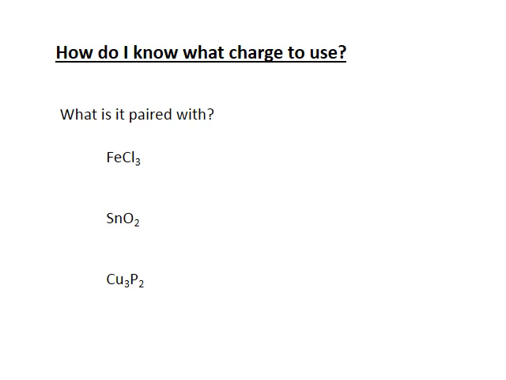So in the first one, I've got iron combined with chlorine, and I know that chlorine typically forms ions with a -1 charge. So if each of those three chlorines has a -1 charge, then the iron needs to have a +3 charge.